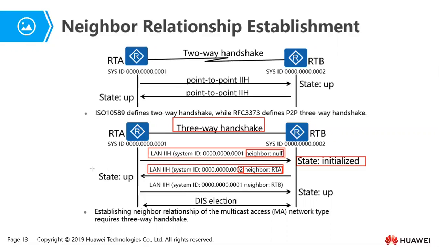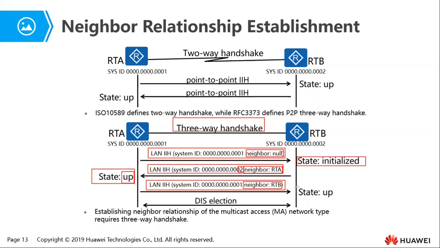Now, when RTA receives a hello packet and sees its system ID on the neighbor list of that hello packet, it will change its status from initialized to up. So RTA will also send to RTB another hello packet, and on its neighbor list, it's going to indicate RTB as its neighbor.